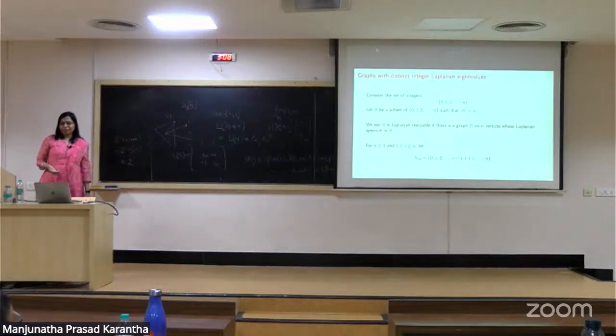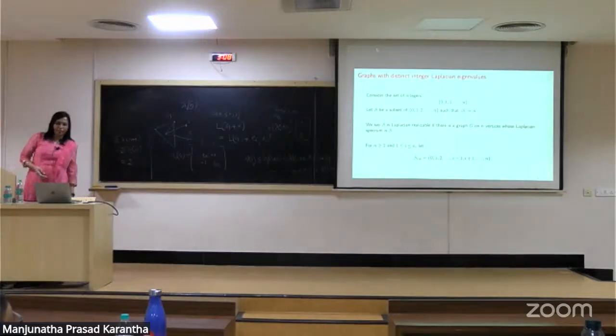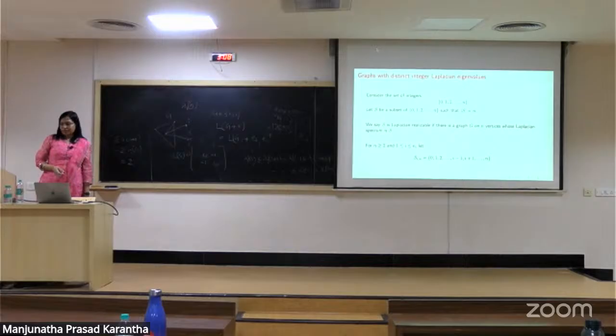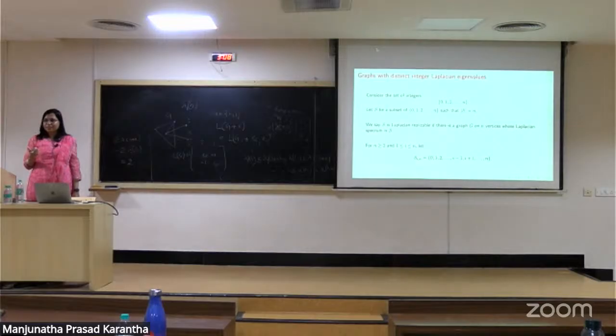Another problem, considered by Ahmadi and others, is which graphs have distinct integer eigenvalues. When I say distinct integer eigenvalues, how many integers can be possible Laplacian eigenvalues?